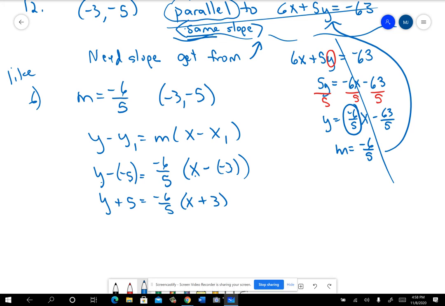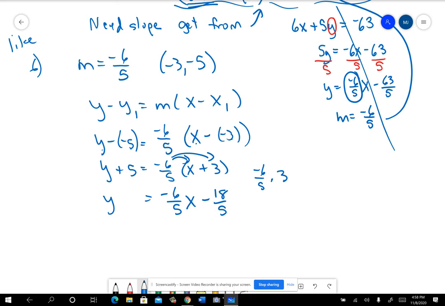Okay. Oh, this one's not going to be very nice. Distribute. That's -6/5 x minus 18/5. Just do that on your calculator. Just do -6/5 times 3. Okay. I need y by itself, so I need to subtract 5. When I do, what I'm going to type in on my calculator is -18/5 minus 5.